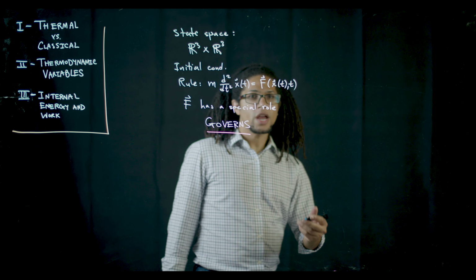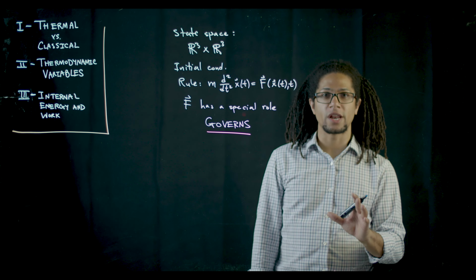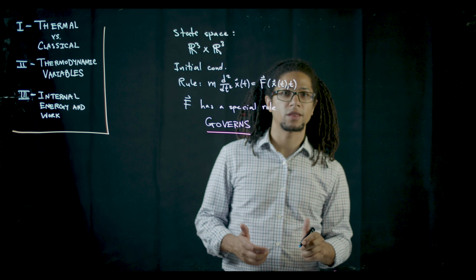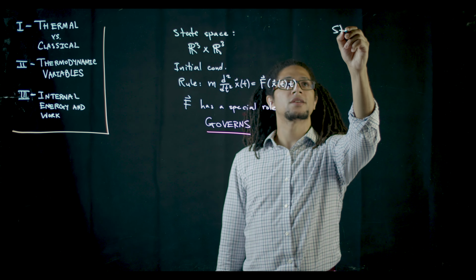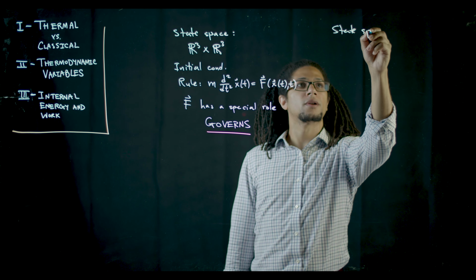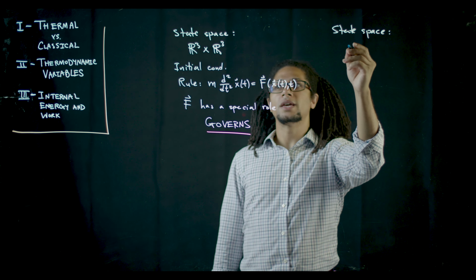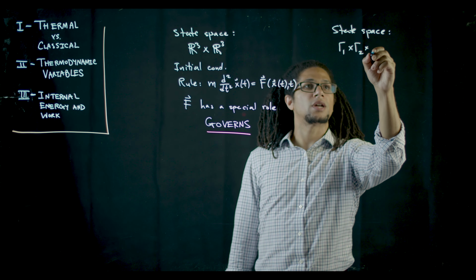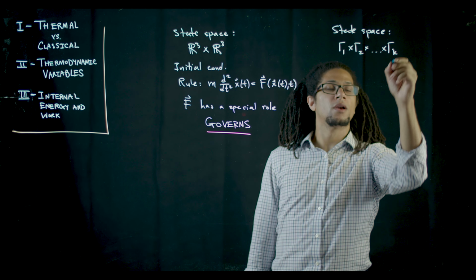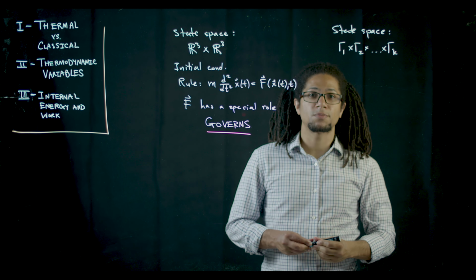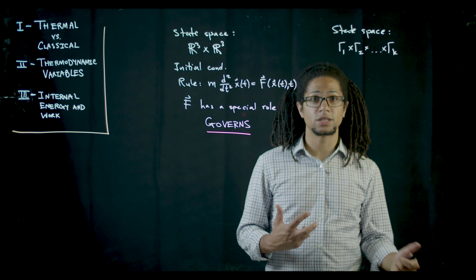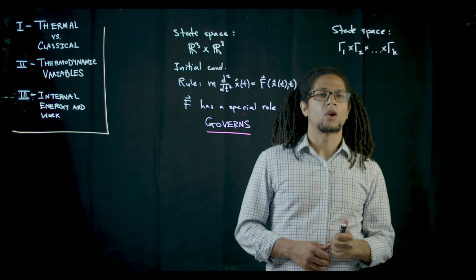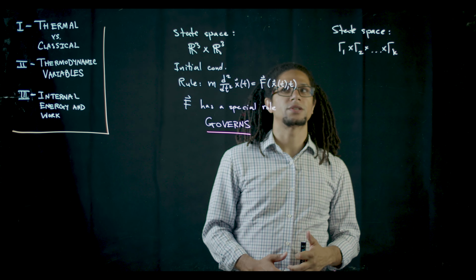Now, let's try and analogize that to classical thermodynamics, which we've now had a little bit of experience with. In this case, our state space, as we said in the last lecture, is something like gamma 1 times gamma 2 times ... times gamma k, where each gamma is the state space for one of these simple systems that constitutes the whole system, or I should say makes a constituent piece of the whole system.